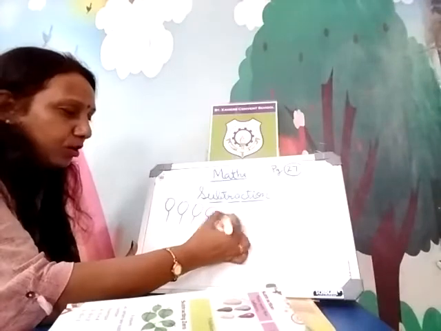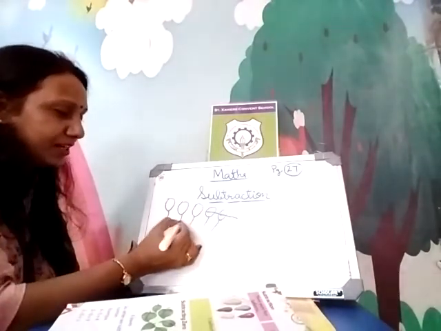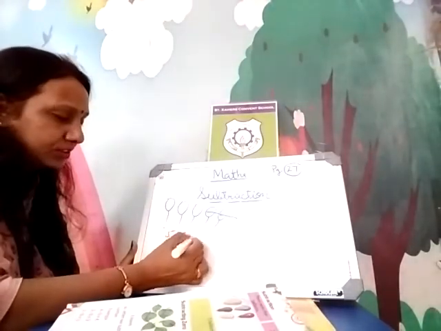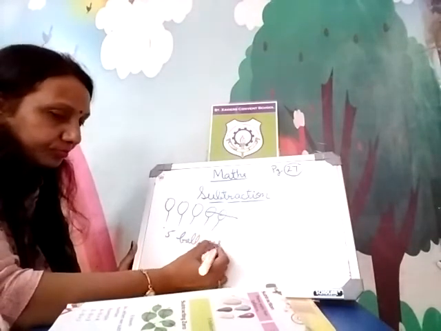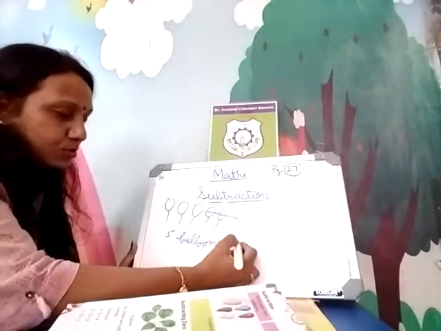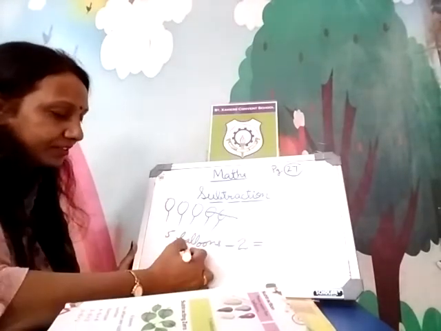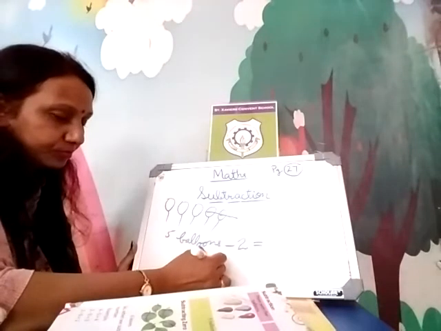And 2 balloons burst. How many left? 1, 2, 3 left. So 5 balloons minus 2. And how many left? 3 balloons left.